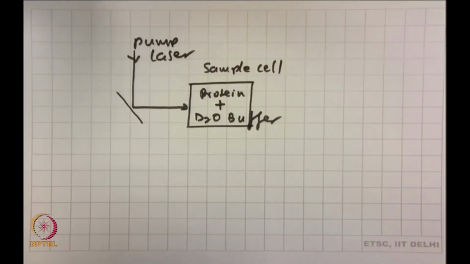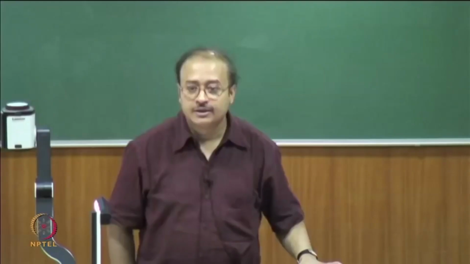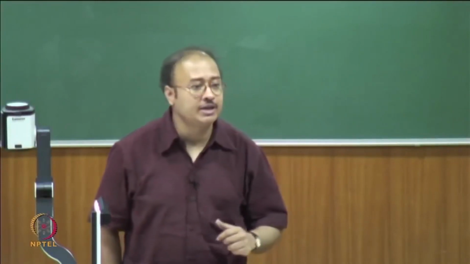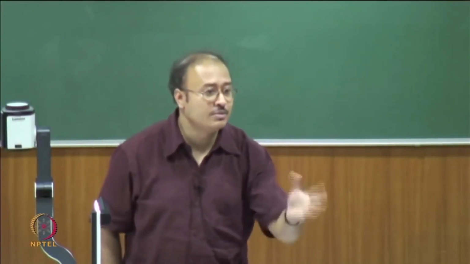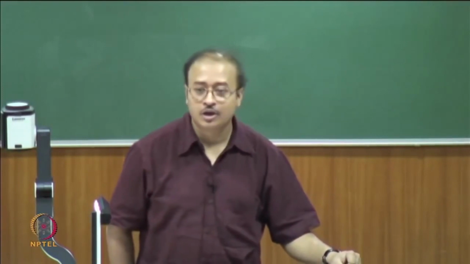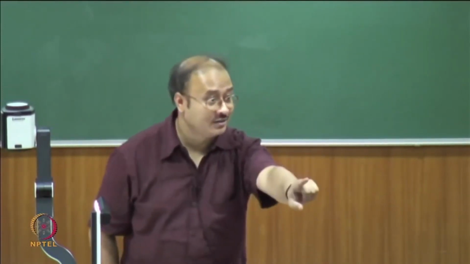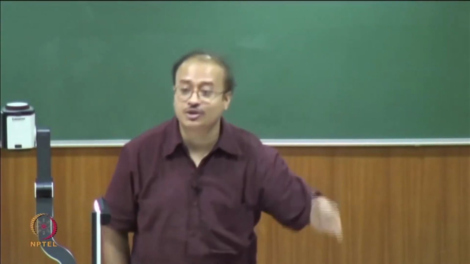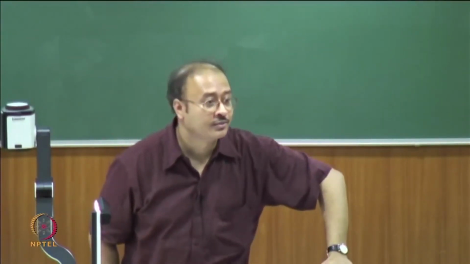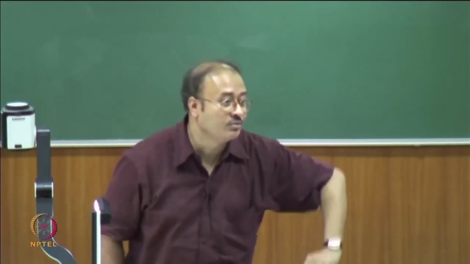D2O, excellent. See, the concentration of the protein, depending upon the size of the protein, is typically in the order of higher micromolars to some millimolar, right. But what is the concentration of D2O? It is much higher, is it not? You look at the concentration of water. Neat water is 55 molar, if you would remember.